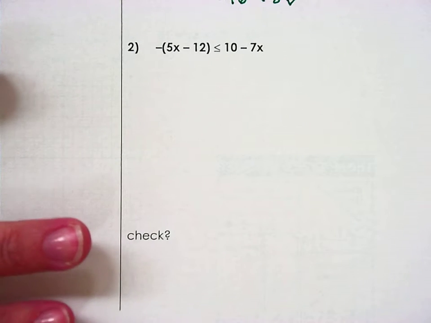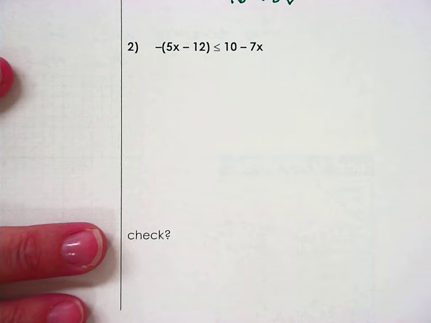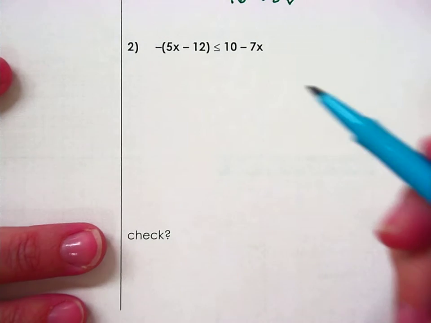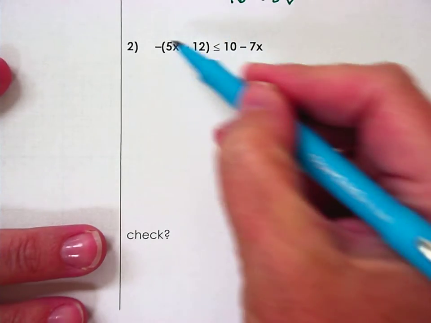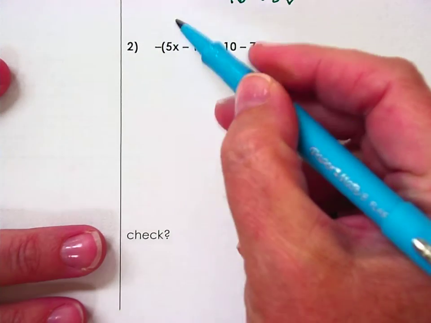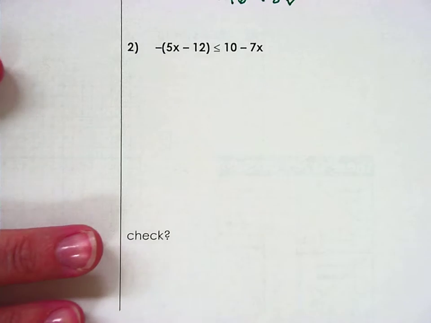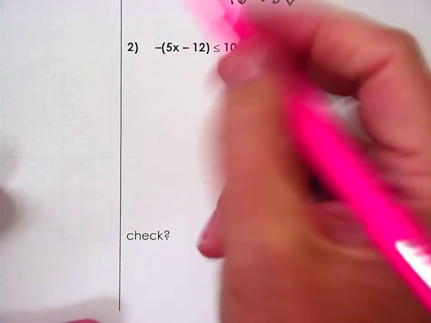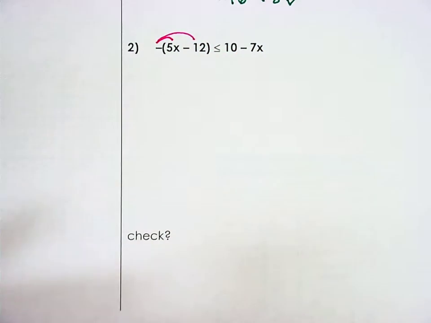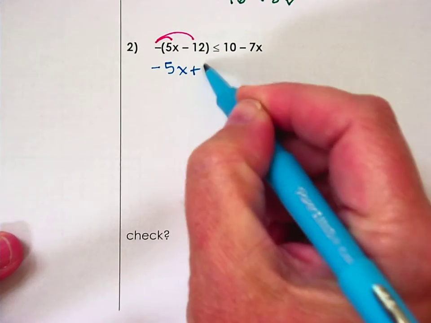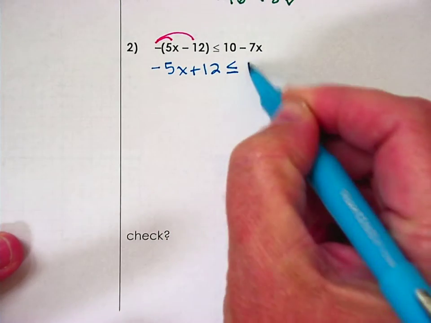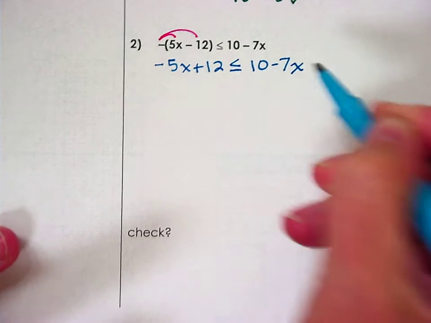Okay, now that you've solved number 2, let's take a look at the solution. We're going to distribute the negative first. So negative 5x plus 12 is less than or equal to 10 minus 7x.